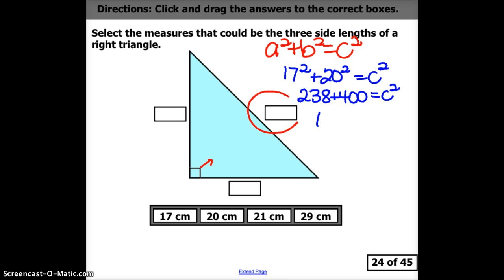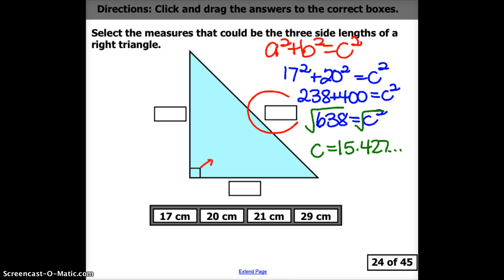I'll add those together and get 638 equals c squared. And if I take the square root of both sides to get c all by itself, I'm going to get that c is equal to 15.427 blah blah blah. It's really not pretty.